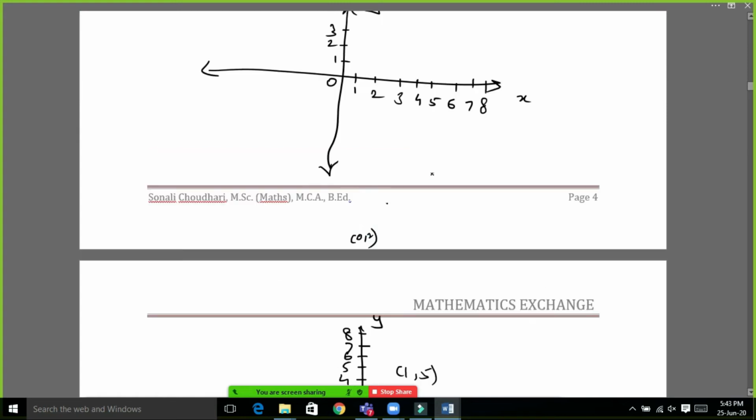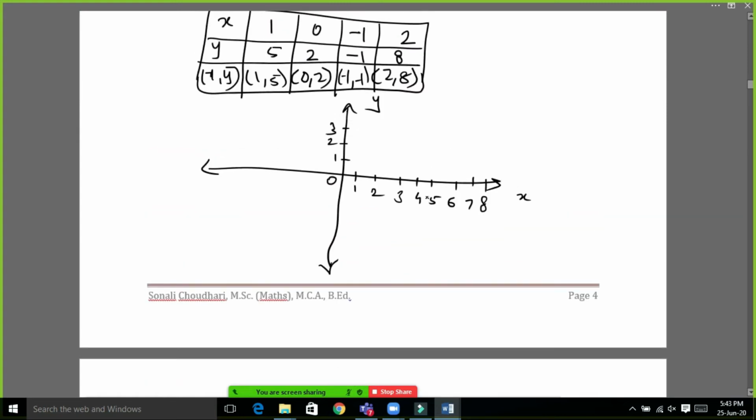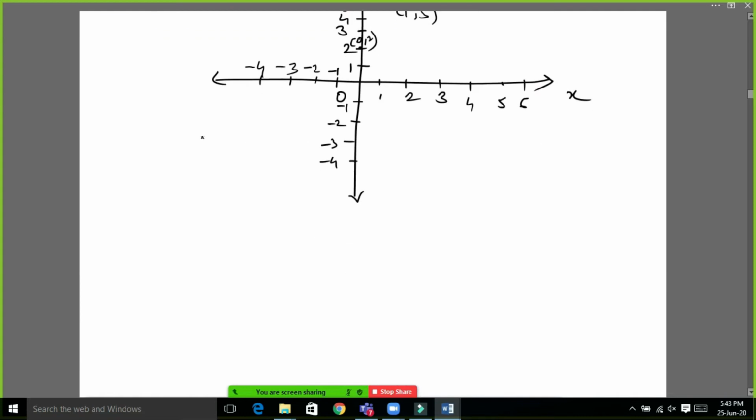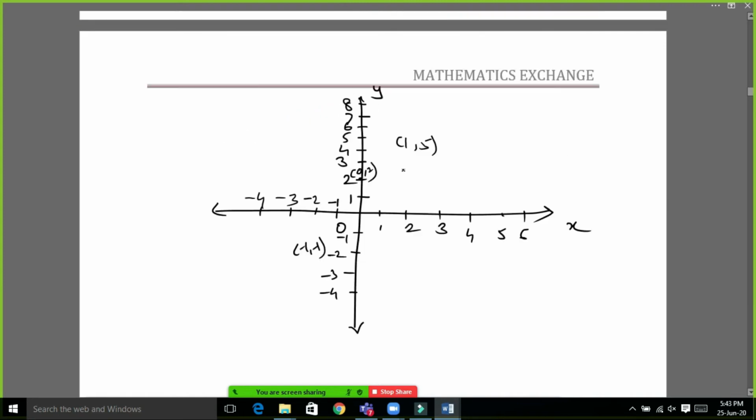Third point is -1, -1, and fourth is 2, 8. So -1, -1 lies in the third quadrant. This is the point -1, -1. And the fourth point is 2, 8. It again lies in the first quadrant. So this is the point 2, 8.